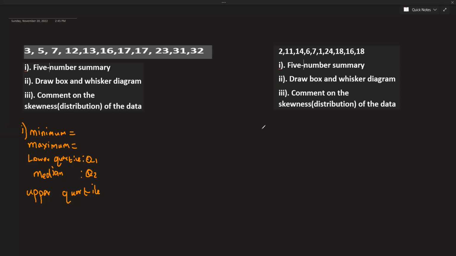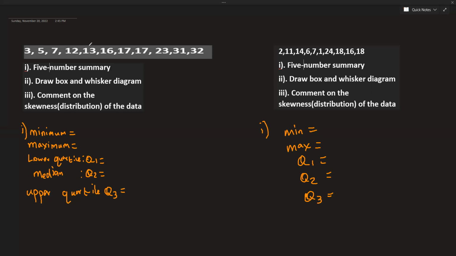Let me write them this side as well: min, max, Q1, which is the lower quartile, Q2, which is the median, and Q3, which is the upper quartile. So now let's go and find this from the data.